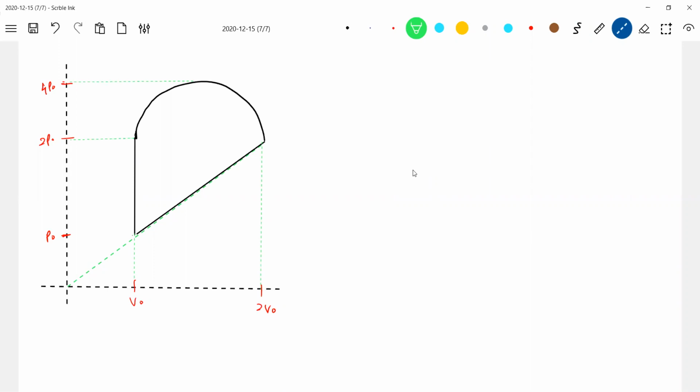Okay, 1 mole of monoatomic gas will undergo a cyclic process as shown. So there's a path 1, 2, 3. Some curved one.